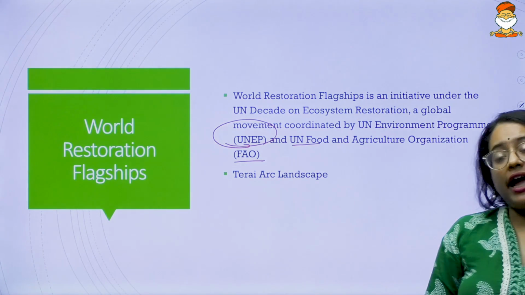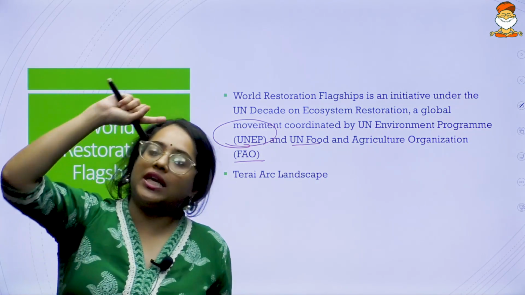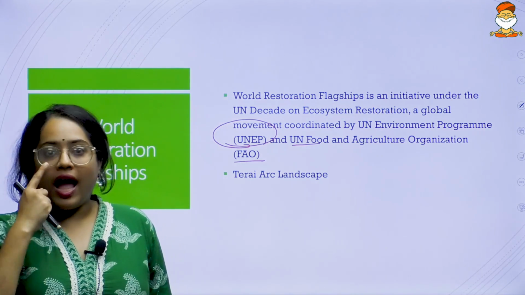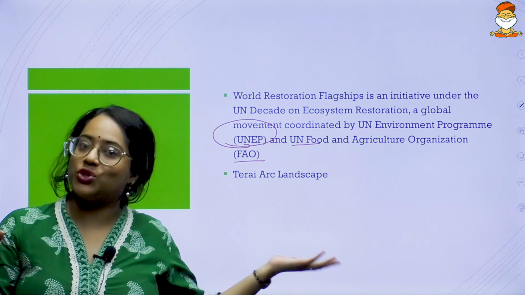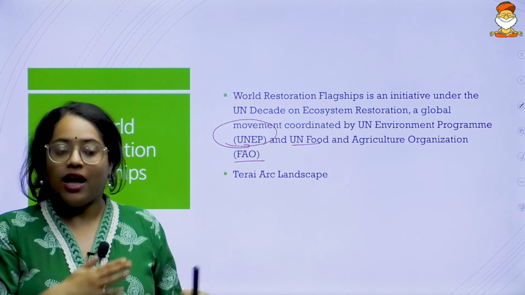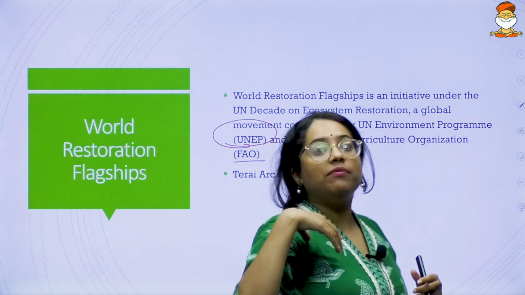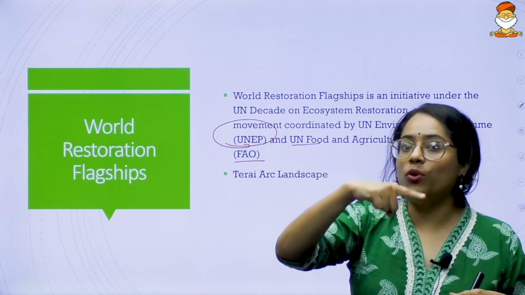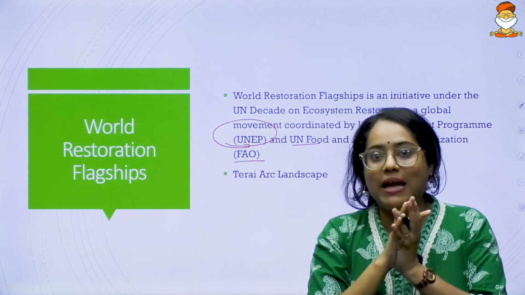Using this, they are trying to understand those areas and those landscapes which can be revived back, and they are both involved in it. So you can see there is FAO involved in it and there is UNEP involved in it, which means that you're trying to restore and revive certain land areas, and by virtue of doing it, the environment over there is benefited and the land area over there is also benefited.